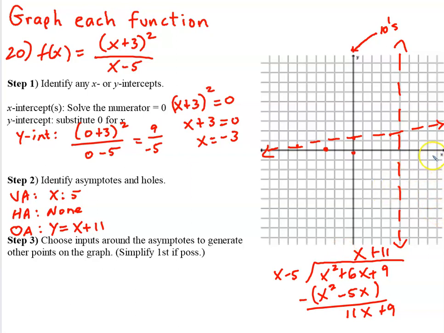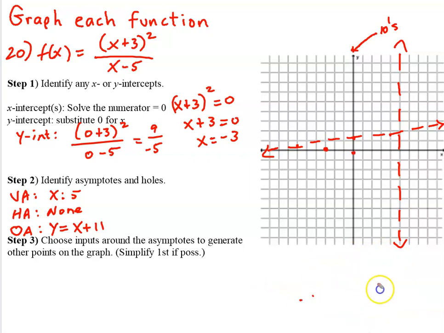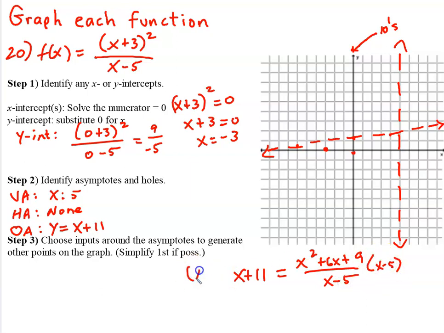All right, looks like we have everything we need. Let's see if our oblique asymptote will be crossed. So I'm going to take x plus 11 and let that equal the function. So when you multiply by x minus 5 on both sides and do FOIL, that's x squared plus 6x minus 55.